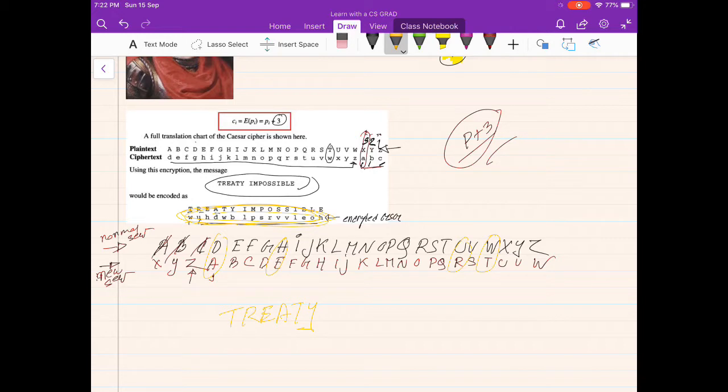From this you can decrypt the encrypted message.